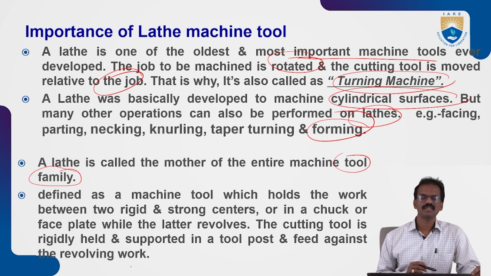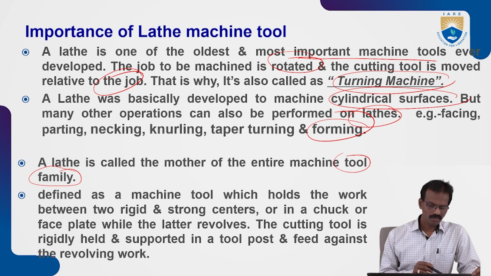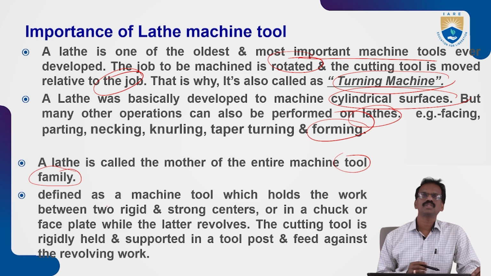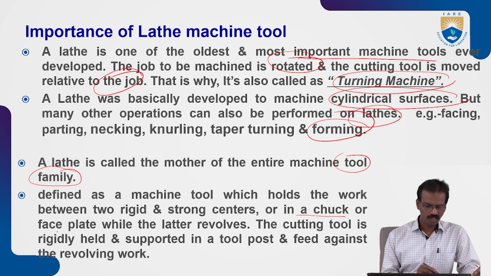and the oldest machine. Next, it is defined as the machine tool which holds the work between two rigid strong centers. One is the live center, another one is the dead center, or in a chuck or in a face plate.